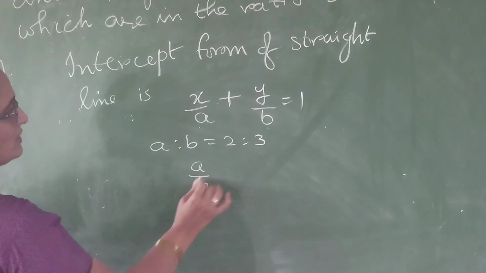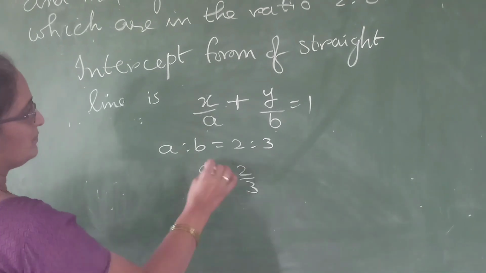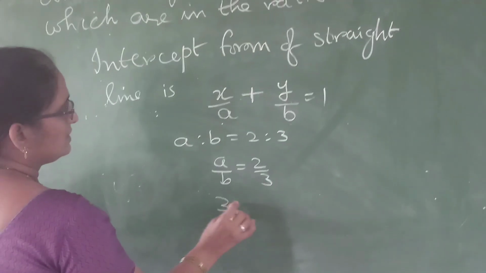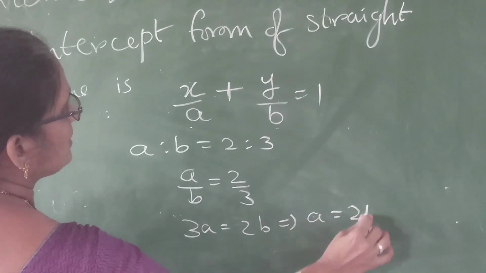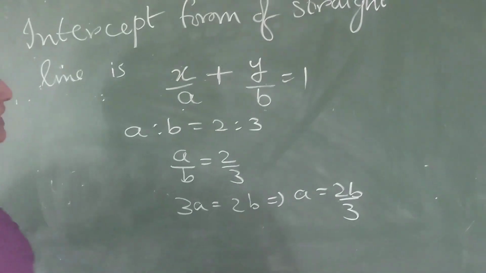So, a by b equal to 2/3, which can be written as 3a equal to 2b, which implies a is equal to 2b by 3.